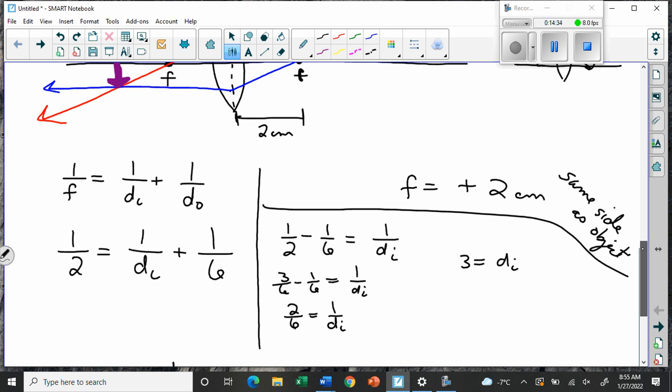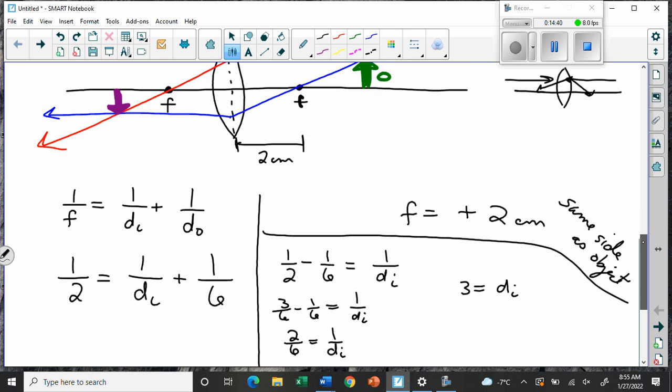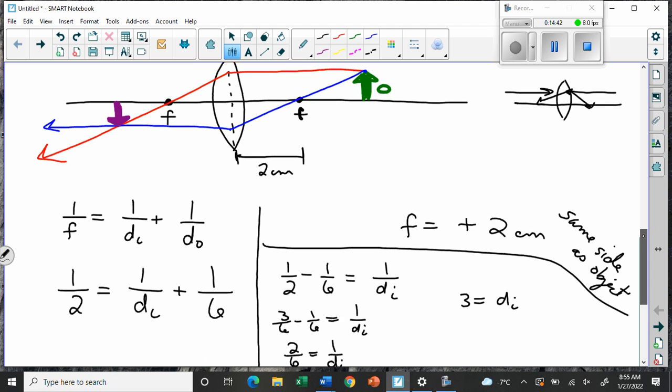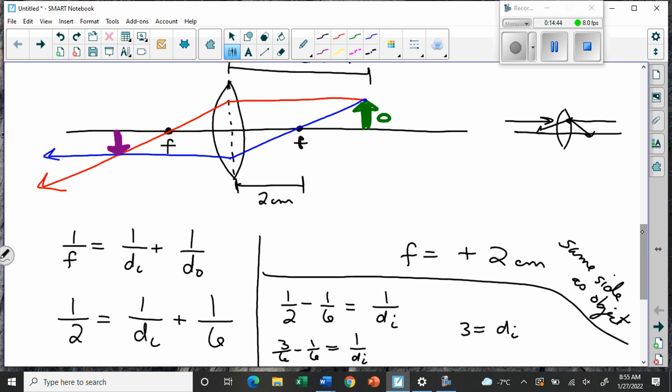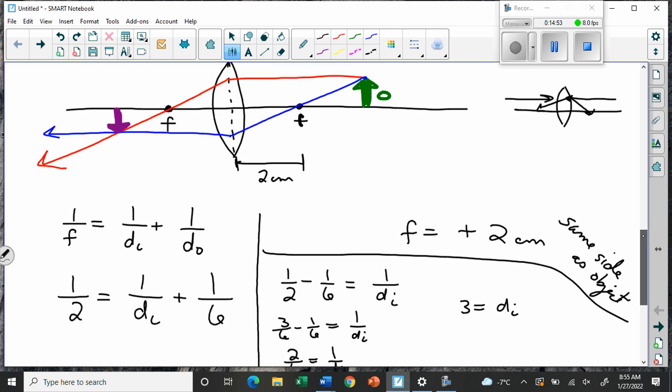So we used a positive F because the focuses are in the real world. And we used a positive DO, obviously, because it's always real. And we got a positive DI indicating a real image. Okay, let's carry this through then, and let's keep using this.